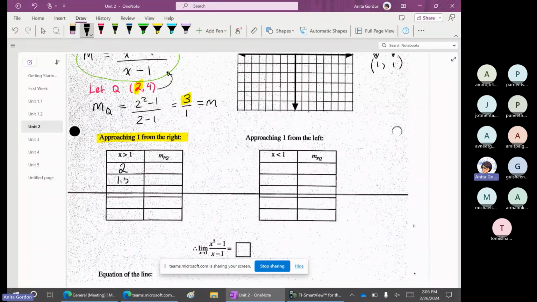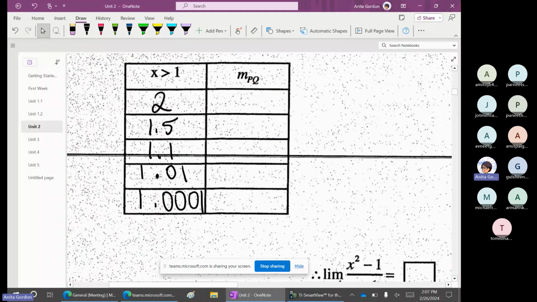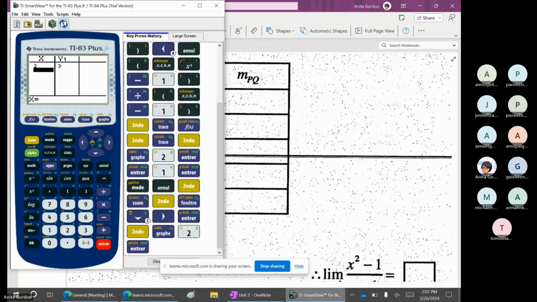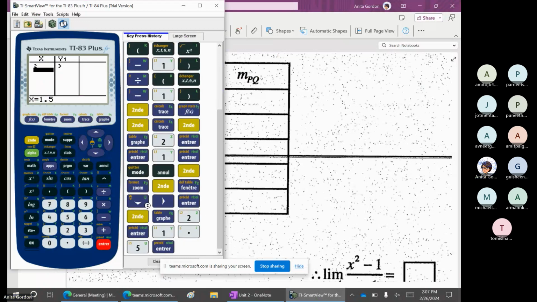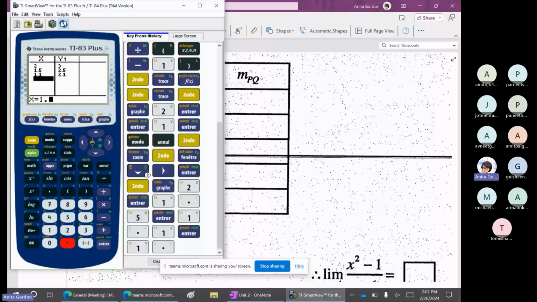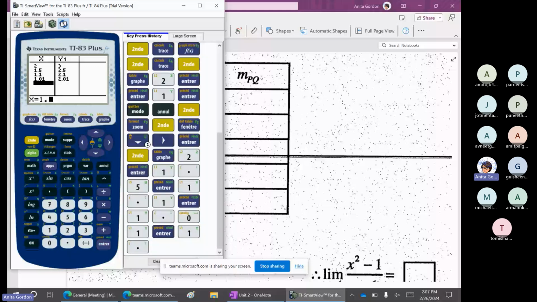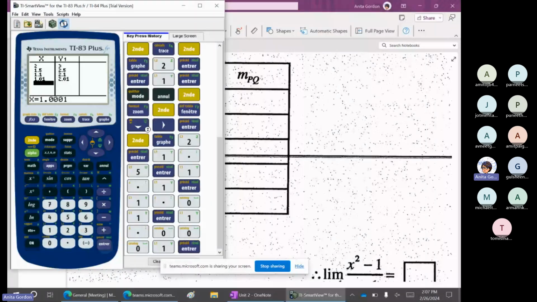So I want you to try these numbers: 2, 1.5, 1.1, 1.01, 1.0001, right? Because I don't want to cross the boundary of x equals 1, but I want to be less than 2. And you can see we're getting closer and closer and closer to the number 2.